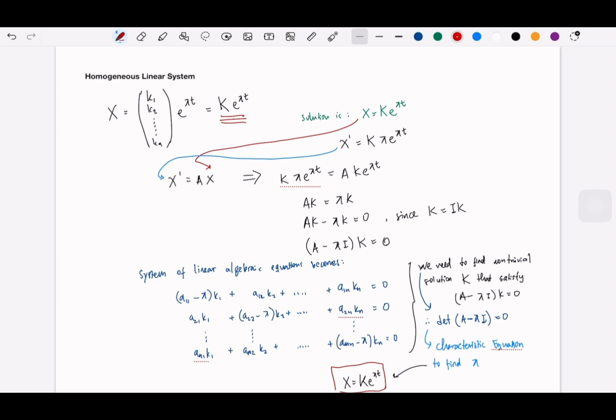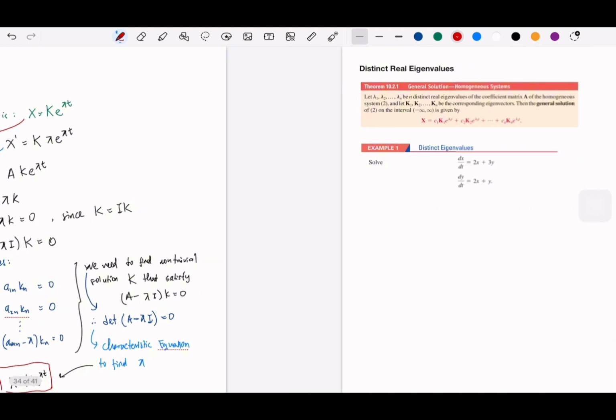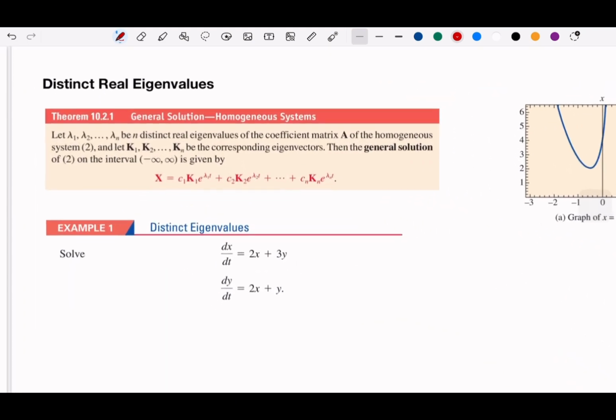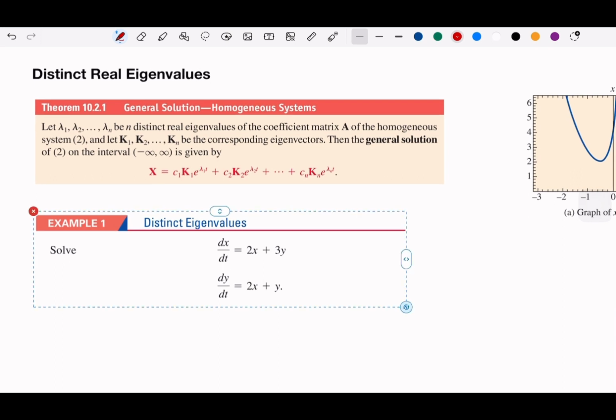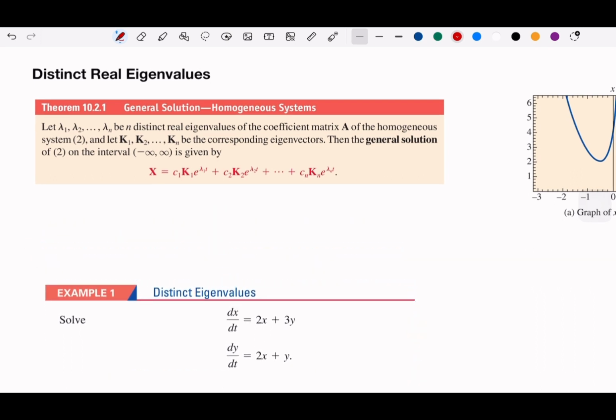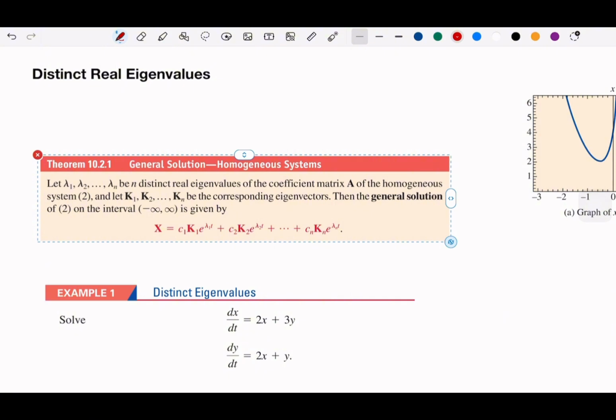So let me go through. The first case is the distinct eigenvalues. Let's say we have some eigenvalues that are real, and they are different from each other. They are distinct.